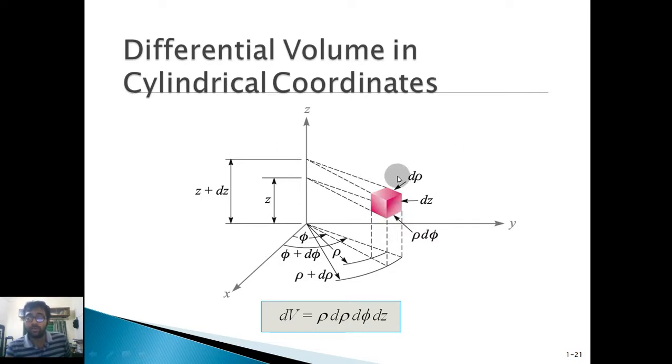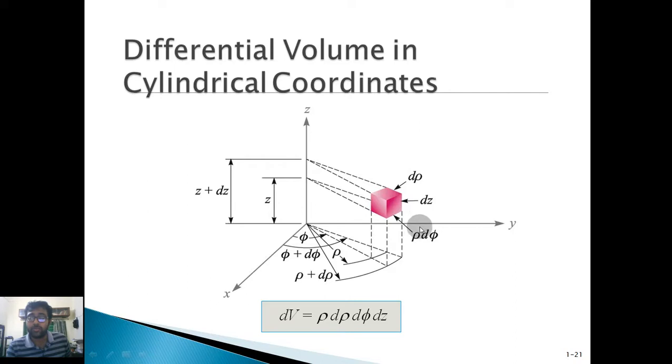The length on a circular cylinder can only be determined using the rho d phi format, where rho is the radial distance of this infinitesimal small point.